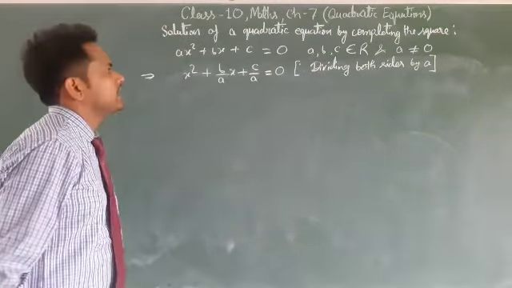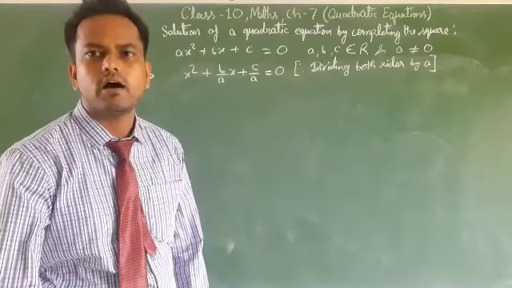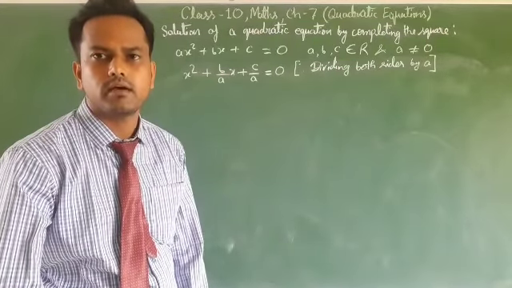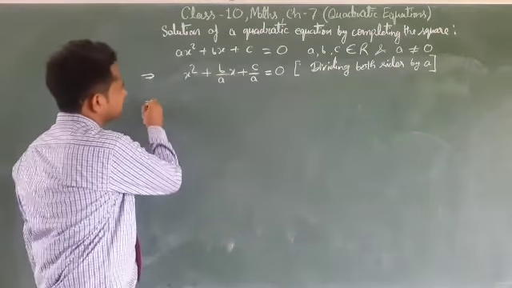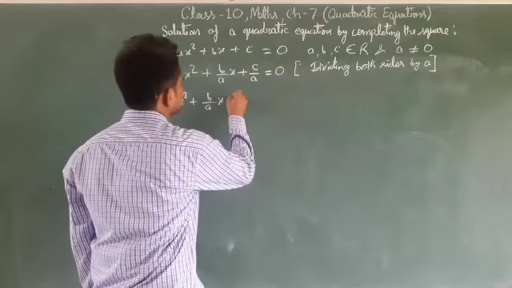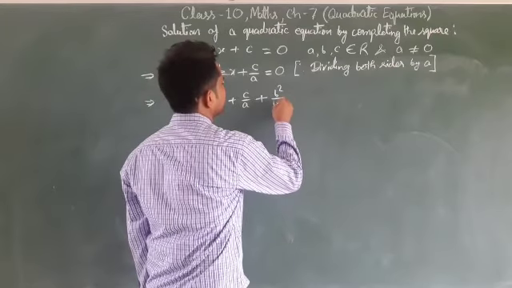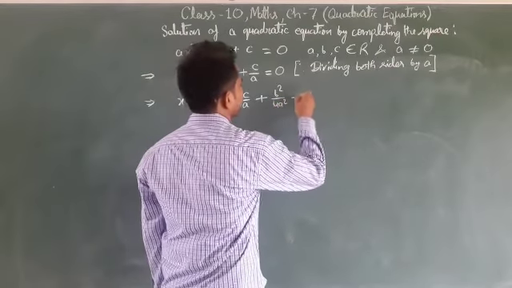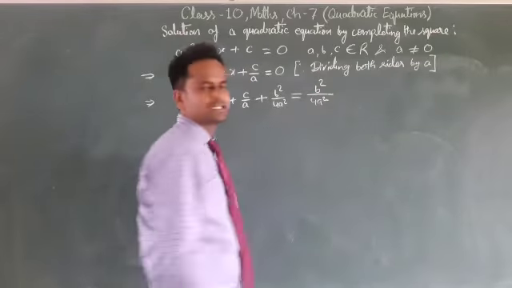Now, adding b square upon 4a square on both sides, we get x square plus b by a x plus c by a plus b square by 4a square is equal to b square by 4a square.